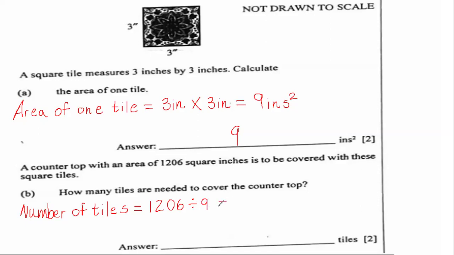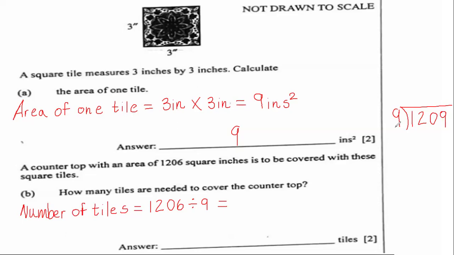When we divide 1,206 by 9, what do we get? So 9 into 1,206.